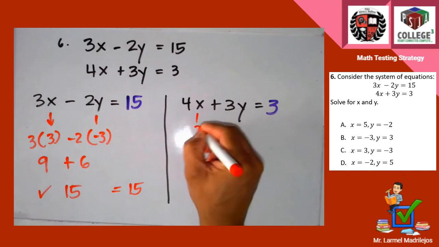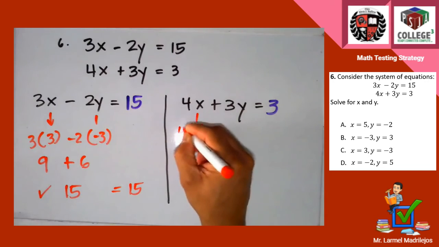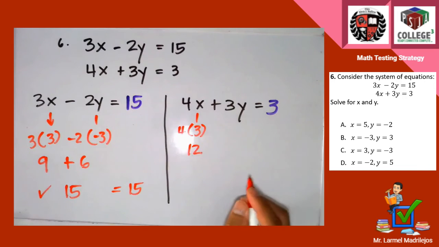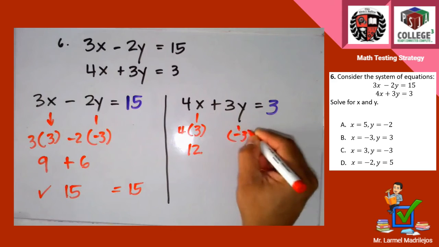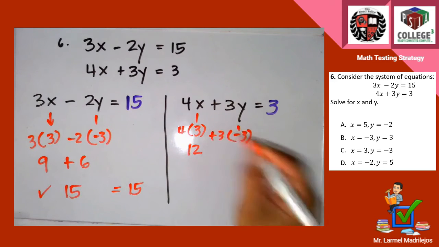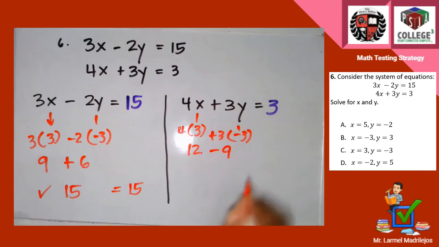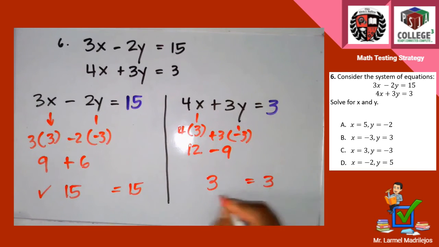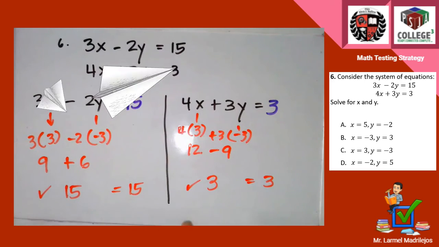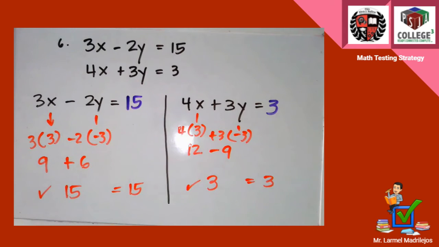So when x is 3 times 4, it's 12. And y is negative 3 times 3, it's negative 9. 12 minus 9 is equal to 3. It matches the number 3. So both equations work. So answer is letter C.